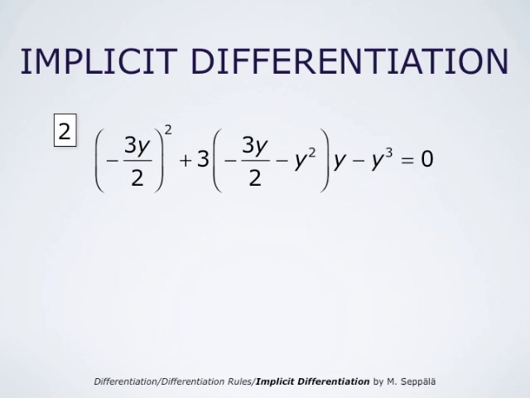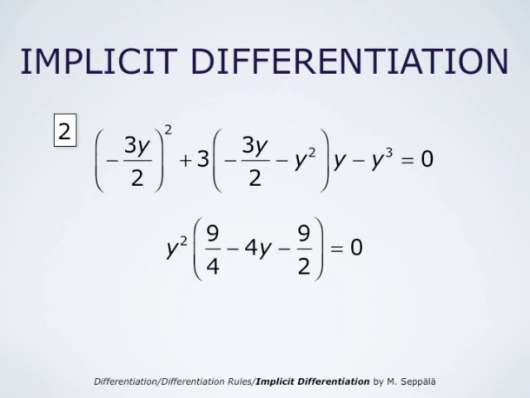So we have this equation. And from this equation, every term contains the factor y squared. So we may take y squared as a common factor. If we do that, then of the first term, (negative 3y divided by 2) squared, remains only 9 divided by 4. That is, (negative 3 divided by 2) squared is 9 divided by 4.